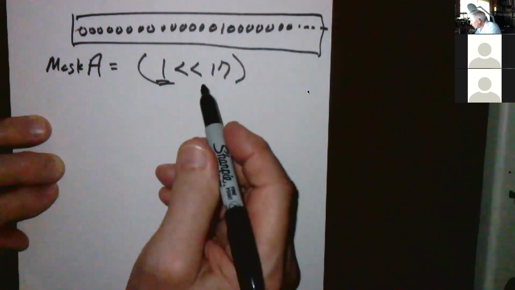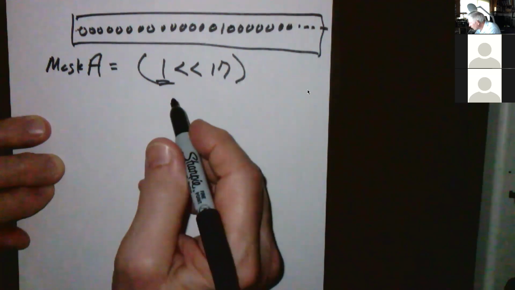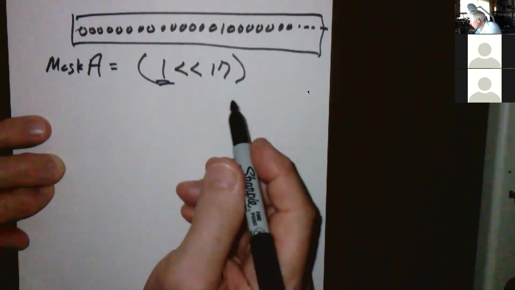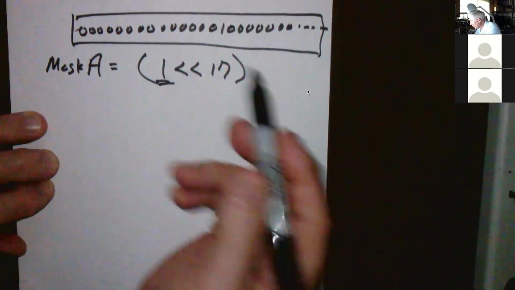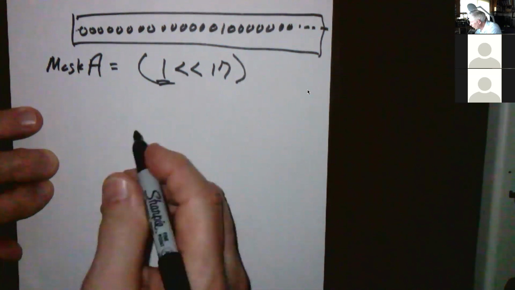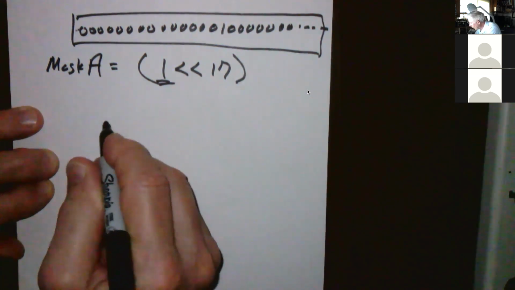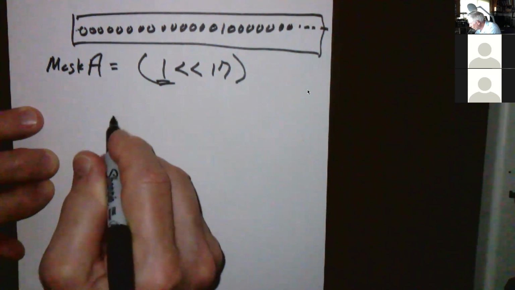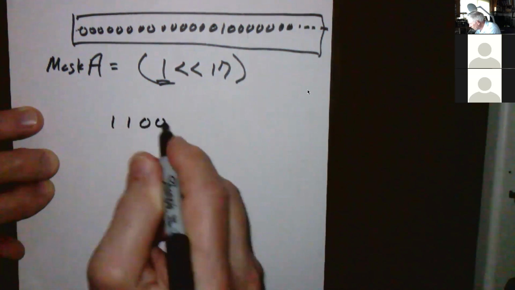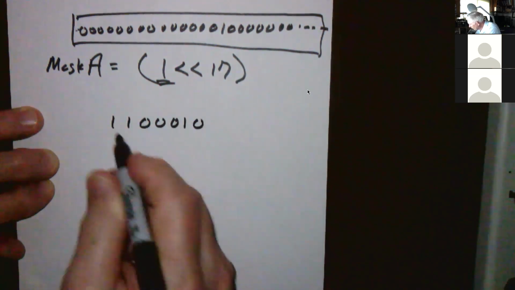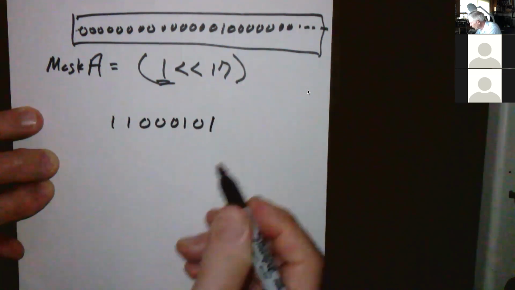If you did arithmetic shifting, I guess it would look about the same in this case. Let's say we have an 8-bit value: 1, 1, 0, 0, 0, 1, 0, 1.